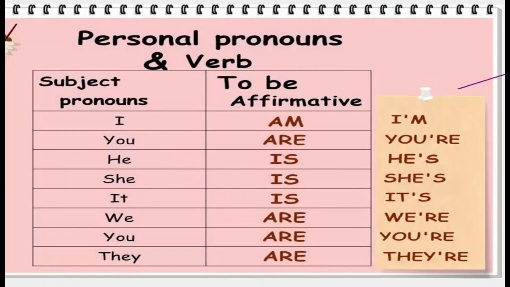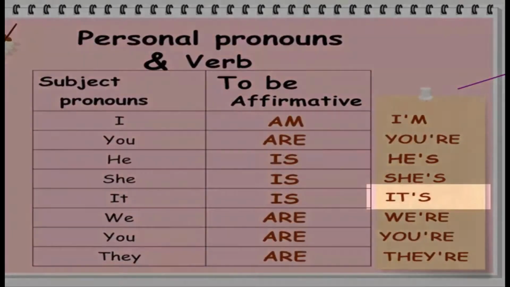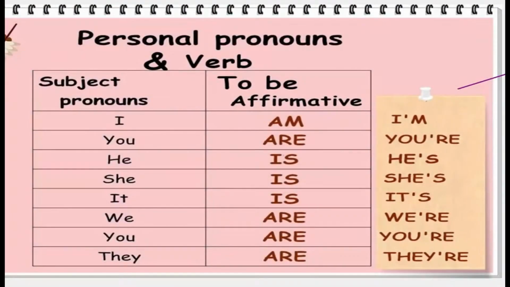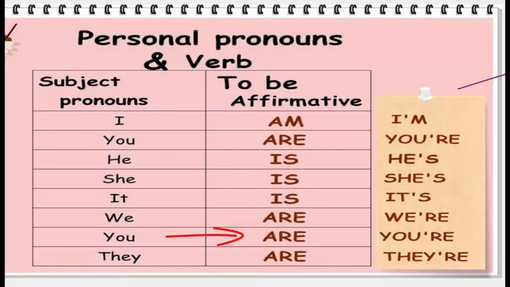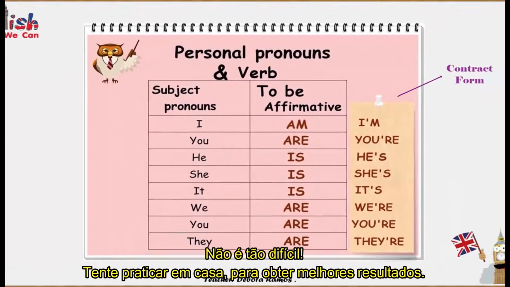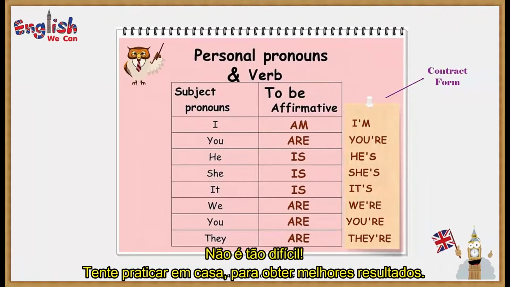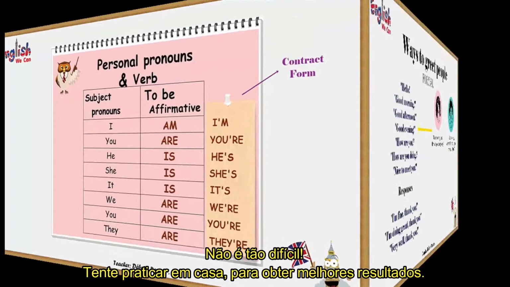She is becomes she's. It is becomes it's. We are becomes we're. You are becomes you're. They are becomes they're. That's not too hard. Try to practice at home to get better results.